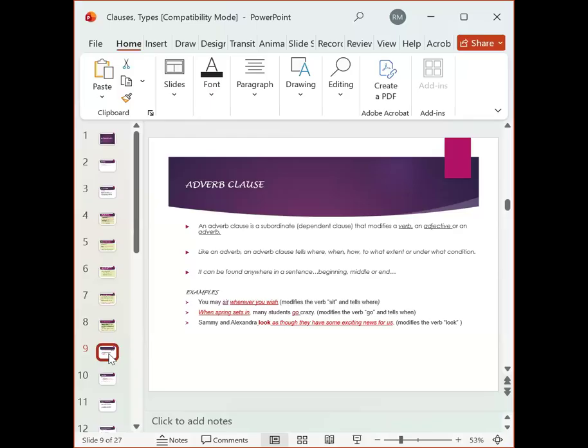Now, I want you to identify the finite verb in this clause. As though they have some exciting news for us. What is the finite verb in that clause? The underlined red clause in the third sentence. As though they have some exciting news for us.